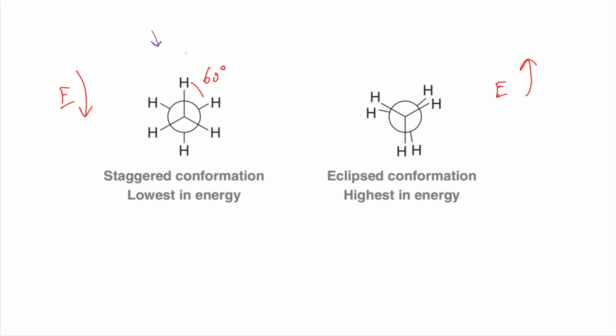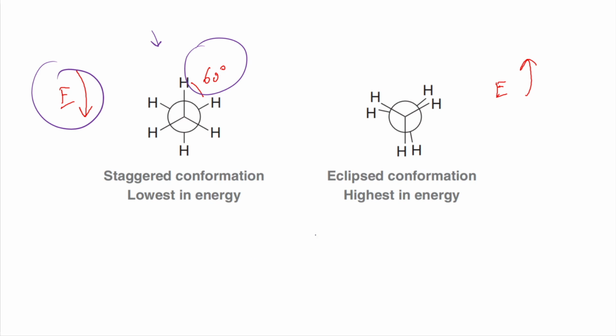For the first, staggered conformation, the energy will be low and this will be more stable because the atoms are not bumping into each other. They have their own space, and the 60 degree is the most stable one, which is called the staggered conformation.